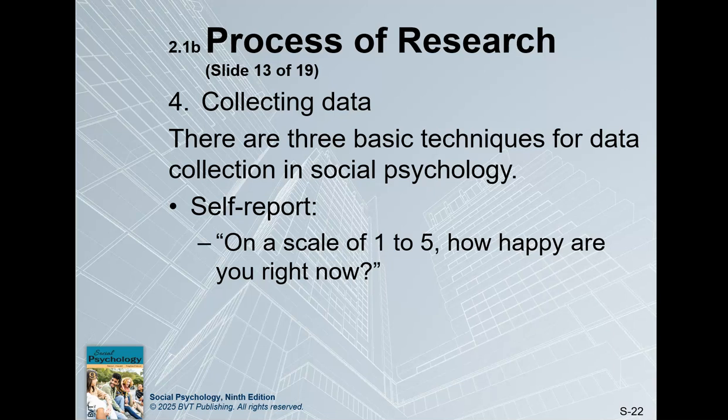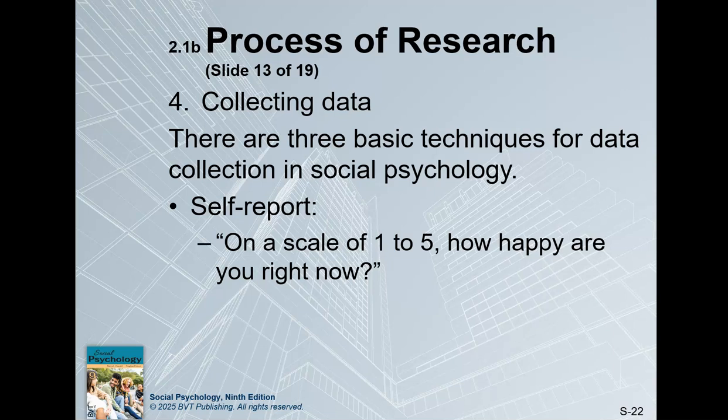Okay, next thing here, collecting data. So there are three basic techniques for data collection in social psychology. You see, the first one is called self-report. So self-report just means the person gives you the data themselves.